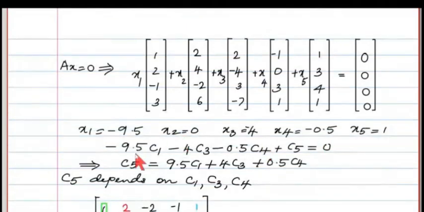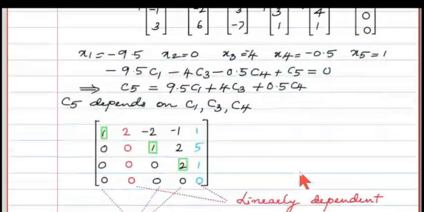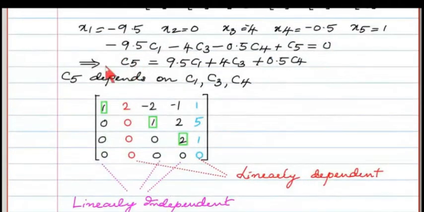So from this, we can frame an equation like this: minus 9.5 C1 minus 4 C3 minus 0.5 C4 plus C5 equal to 0. From this, we can write C5 by moving the terms to the right hand side. So 9.5 C1 becomes positive, plus 4 C3, plus 0.5 C4. So this C5 depends on C1, C3 and C4.